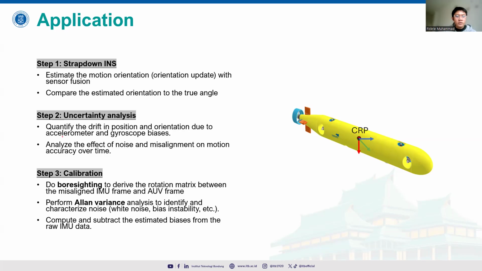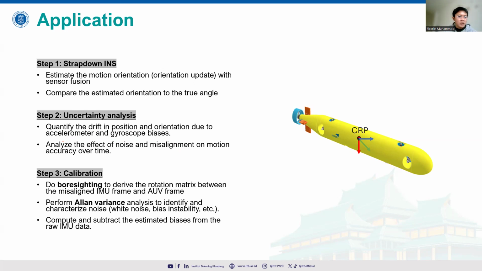And of course, we have to analyze the uncertainty, the noise, and the bias. And we have to quantify the drift in position and orientation due to accelerometer and gyroscope biases. Of course, it always accumulates over time, and we analyze the effect of noise and misalignment in motions over time.